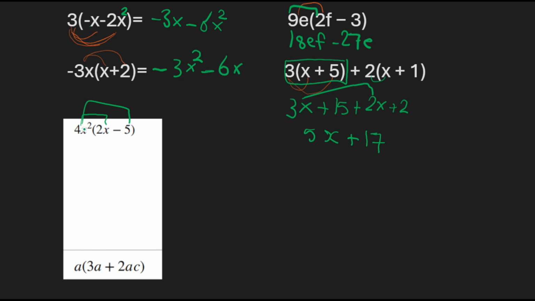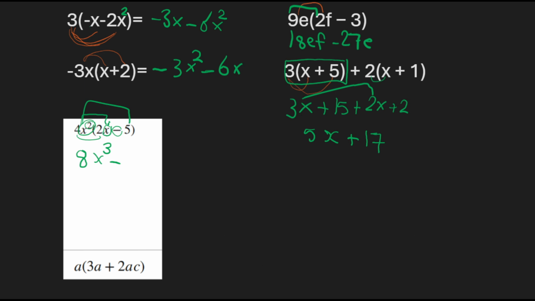The question doesn't scare me. Now 4x squared times 2x. What's 4 times 2? It's 8. What's x squared times x? It's x to the power of 3 because there is 2 here and there is 1 on the x, right? Minus, I'll just bring this sign here.